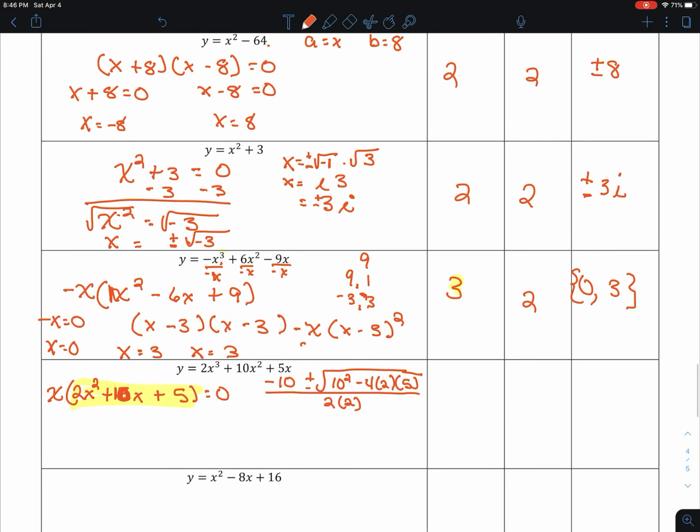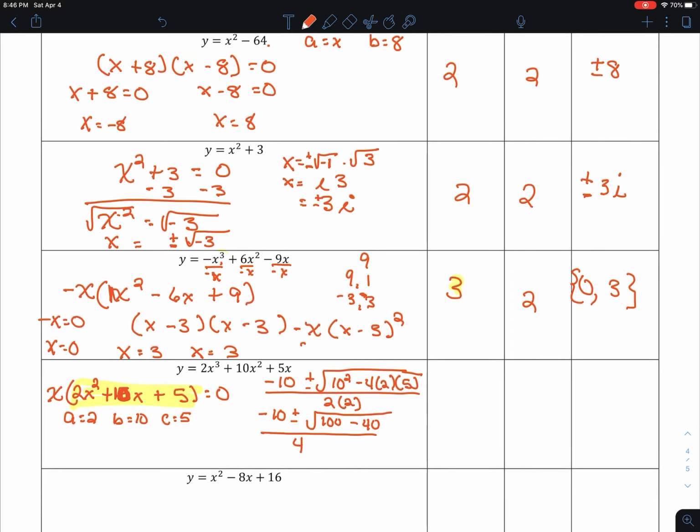And when this is written in standard form, A is 2, B is 10, and C is 5. And so I'm just substituting into the quadratic formula. So we get negative 10, and 10 squared is 100, minus 40, all over 4.